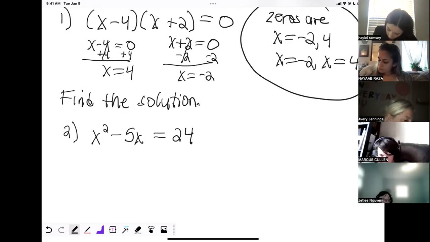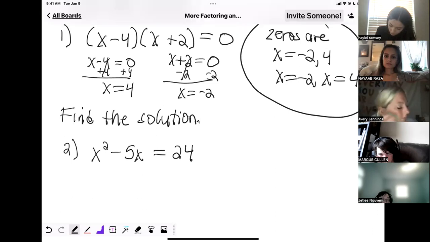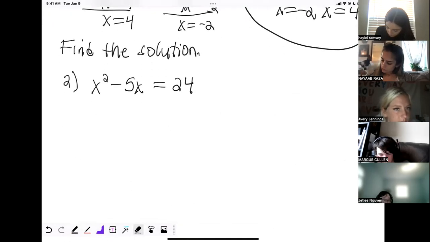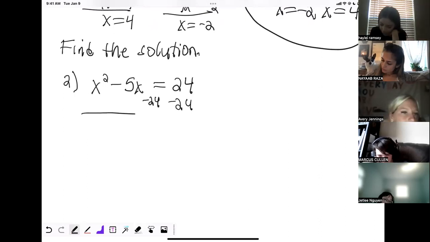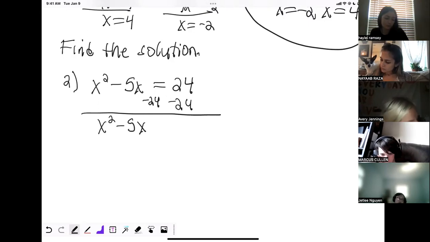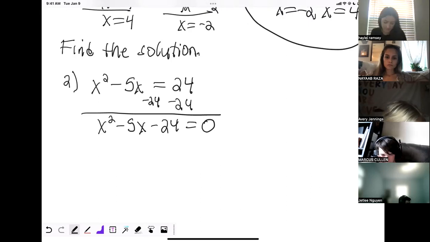Is it equal to 0? Nope. So we have to put it in standard form, which is that ax squared plus bx plus c has to be equal to 0. So we have to move that 24 over because it has to be equal to 0. x squared minus 5x minus 24 has to be equal to 0.